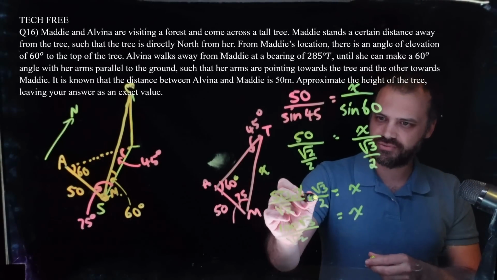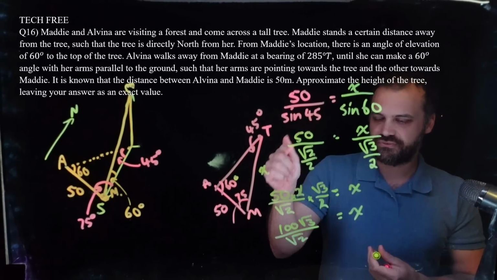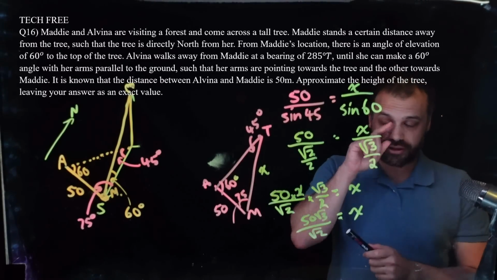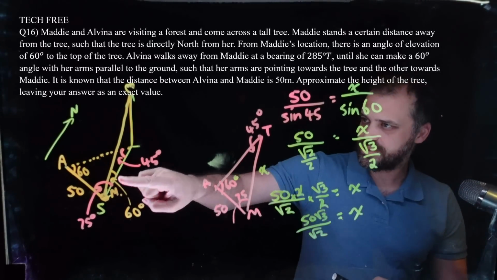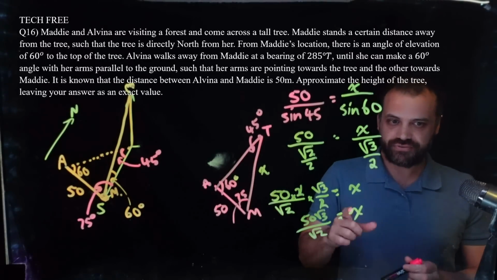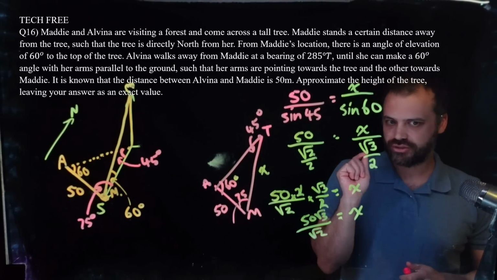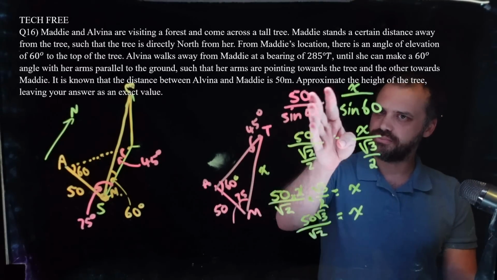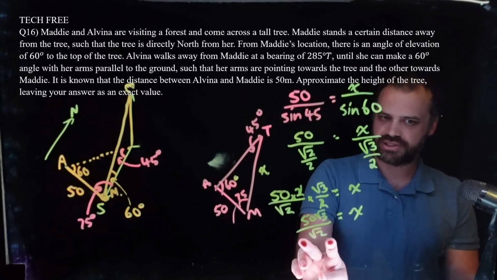In fact, we can get rid of our 2's here, and it's just going to be 50 root 3 over root 2. So what have I done? I've found this length here, from Maddie to the tree, I know is 50 root 3 divided by root 2. Okay, I'm just going to move this out of the way and just keep this value.